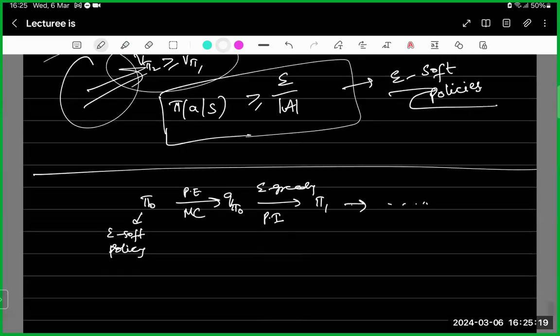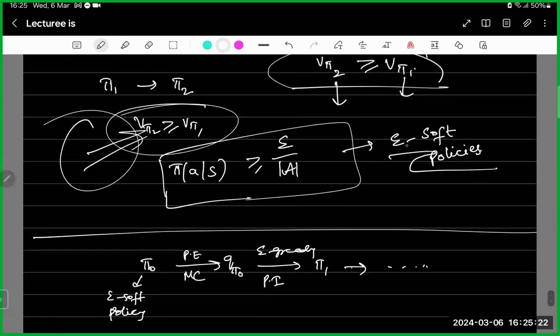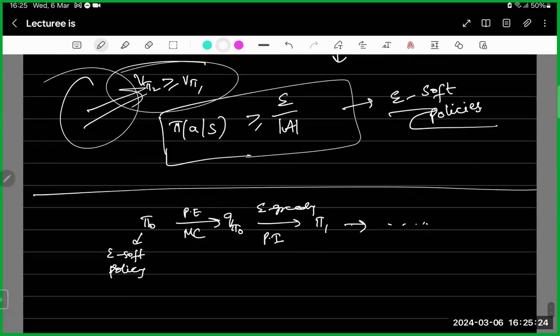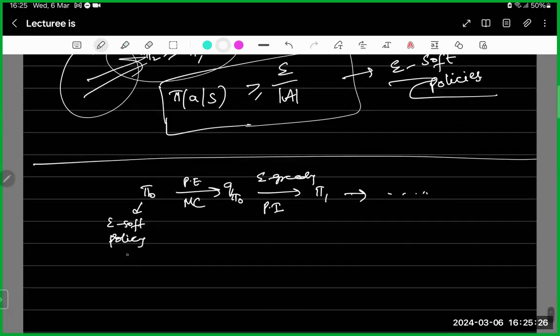Here, this is epsilon soft for any epsilon, right? Even a completely random policy is epsilon soft for any epsilon. It is epsilon soft for 0.1 also, it is epsilon soft for 0.01 also.